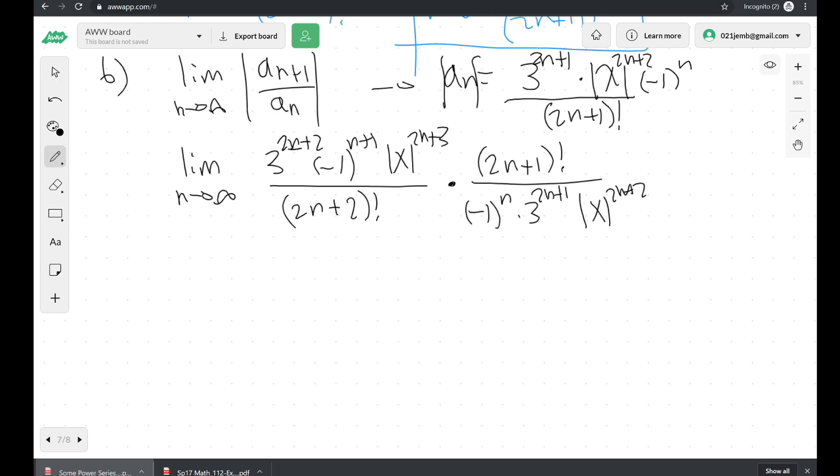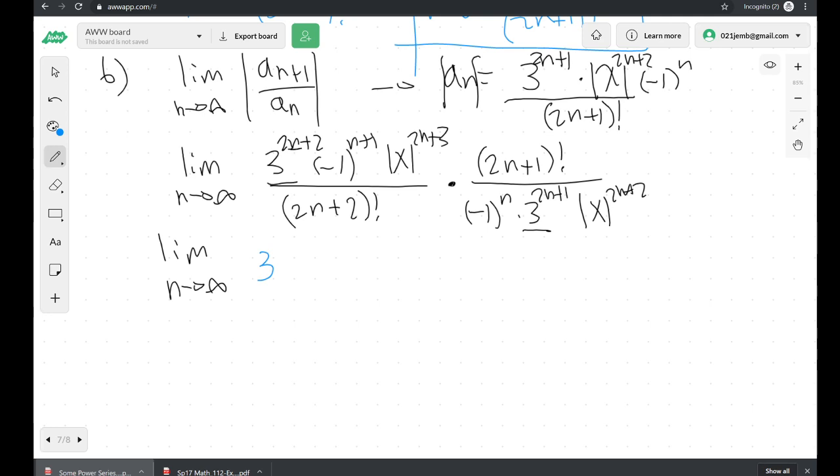Okay, so over here we're going to have the limit as n goes to infinity of, okay, so this over here, 3 to the 2n plus 2 divided by 3 to the 2n plus 1 is going to give you a value, and that value will be 2n plus 2 minus 2n plus 1 as a power. And that's basically, okay, 2n minus 2n is 0, and 2 minus 1 is 1, so that's going to be 3. Okay, and then the alternator over here is going to be negative 1 to the power of n.